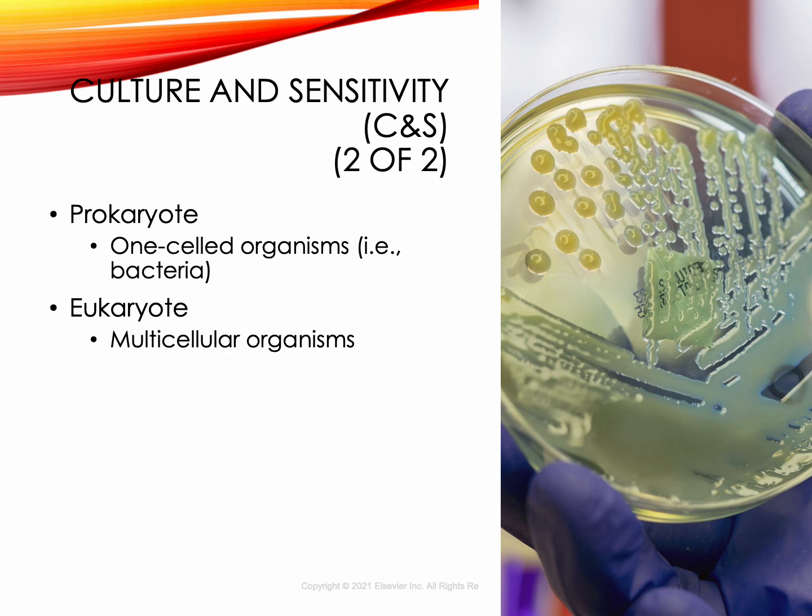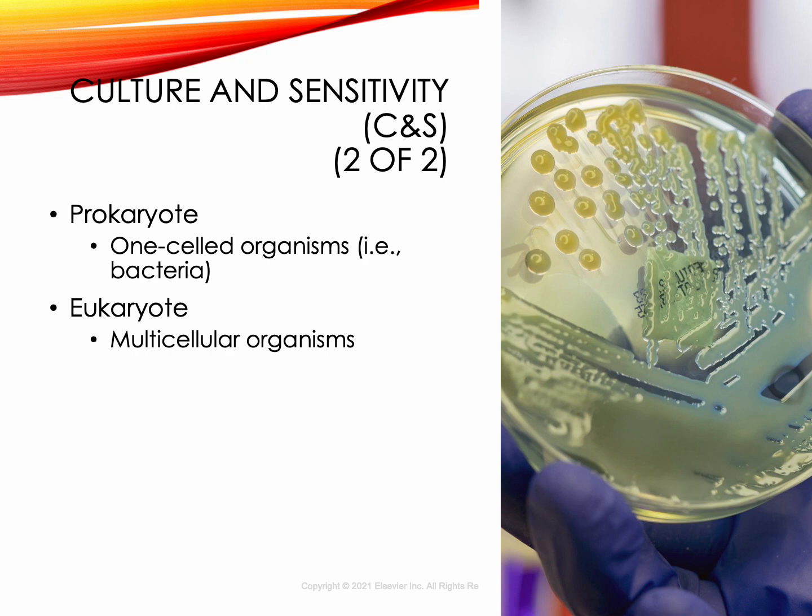So remember, prokaryotes are one-celled organisms like bacteria. They have very simple structures. They don't have a nucleus. Eukaryotic cells are those of multicellular organisms that are very complex, like those of humans, animals, plants, and fungi.